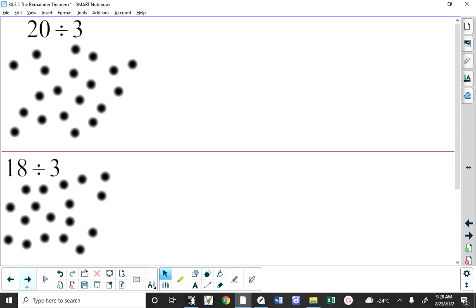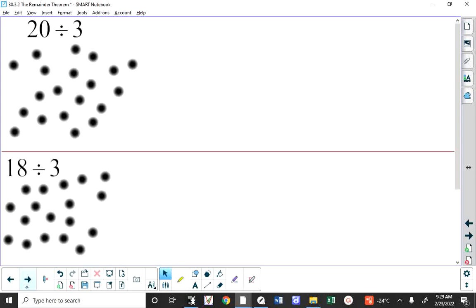If I say what is 20 divided by 3, I think you understand that 20 doesn't divide nicely by 3. Sometimes people will say evenly by 3, but I don't particularly care for the word evenly. I have 20 dots here. You can trust me. You could count them if you want. But if I wanted to teach a grade 2 student how to divide 20 by 3, I'd probably give them 20 Smarties and ask them to pile them in groups of 3.